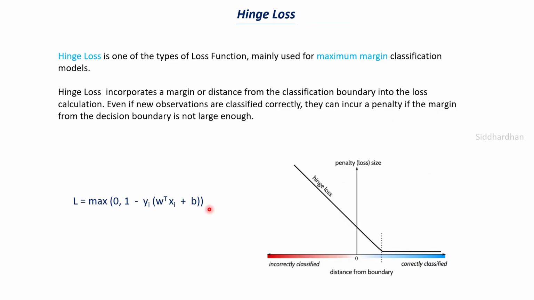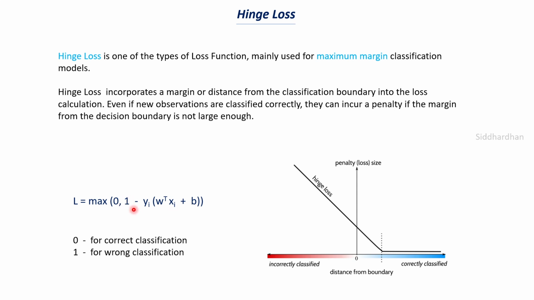So this means max(0, 1 - yi times y hat). Here yi is your true value. True values can be either 1 or -1, which are the two classes that we have. And w^T xi + b is your yi hat, which is your predicted value. Now we need to understand when we should use 0 and when we should use 1.